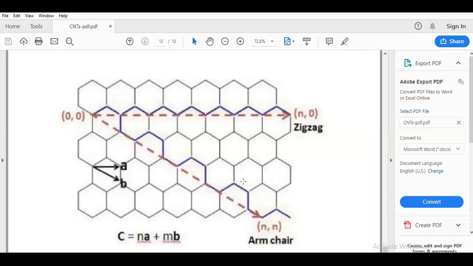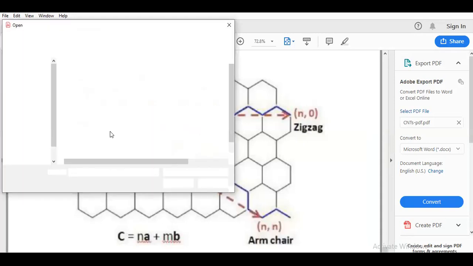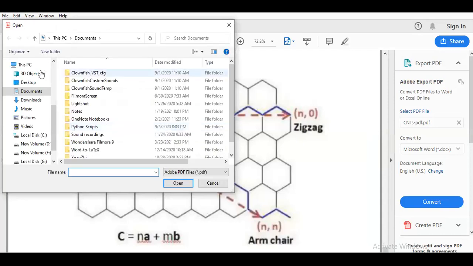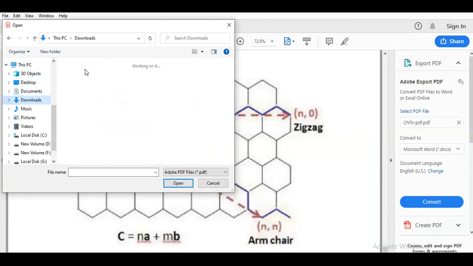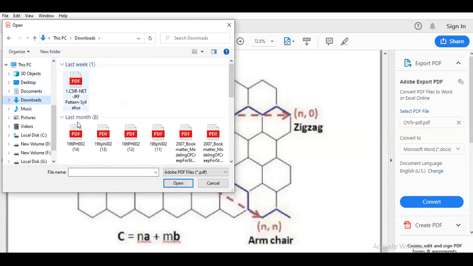Now we are going to switch on C60 Fullerene, and again make a clearance of that. These are in my download sessions.